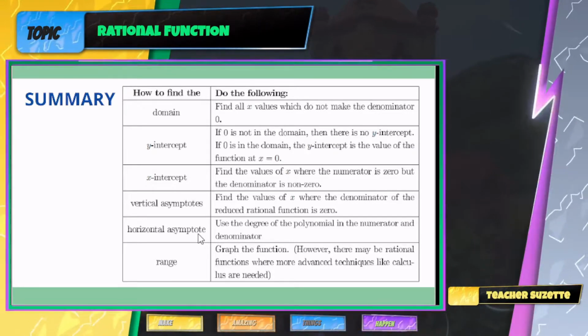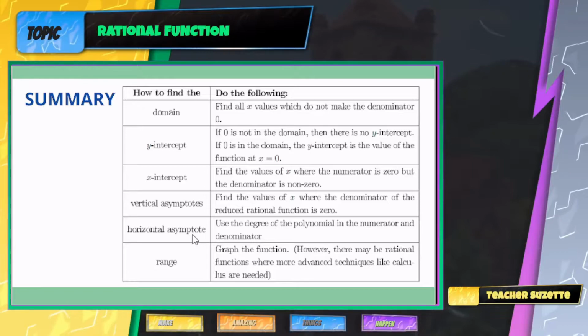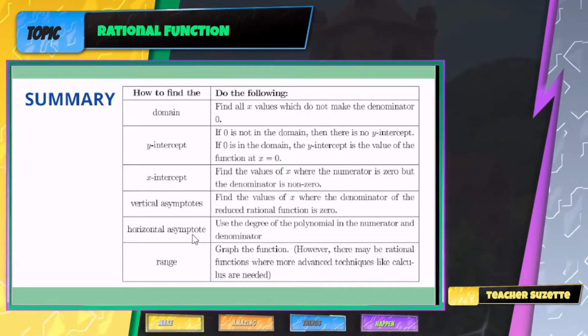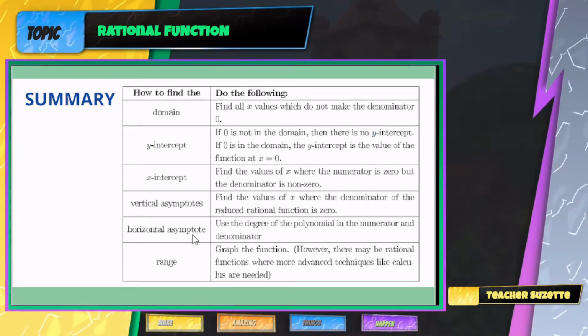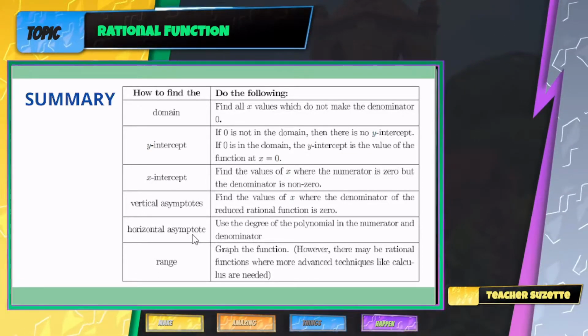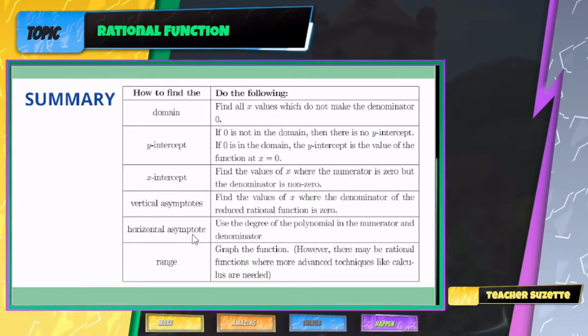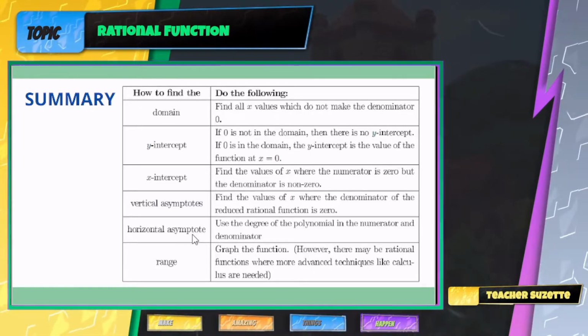Ito yung imaginary line that wherein yung x and y mo are approaching or they are getting closer. However, they will not intersect. The graph will not intersect these particular lines. They will just get closer as your x or y increases or decreases without bound.